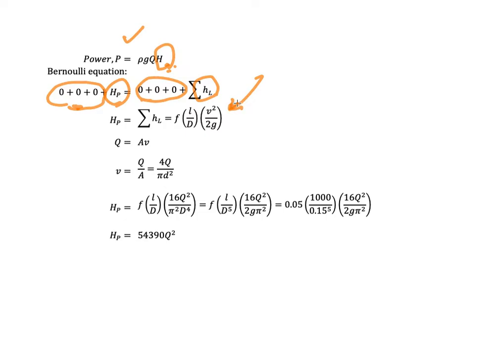And then from the continuity equation, we have Q equal to AV. We could calculate the velocity inside that pipe by dividing Q by A, and we change the value of A to pi d square over 4. So we have velocity equal to 4Q over pi d square.